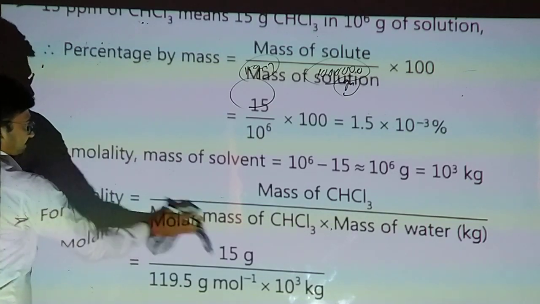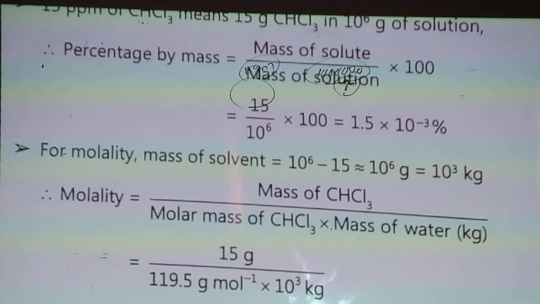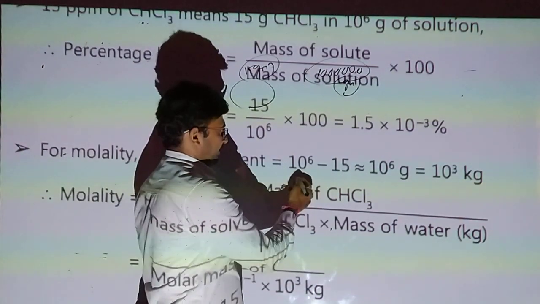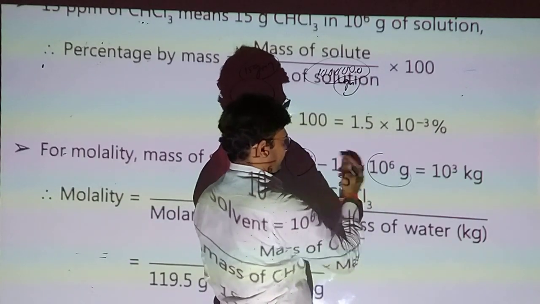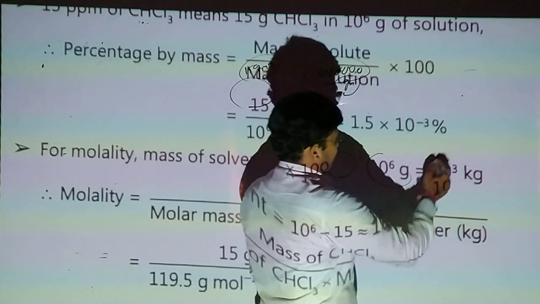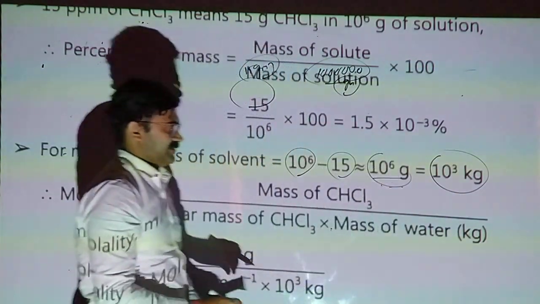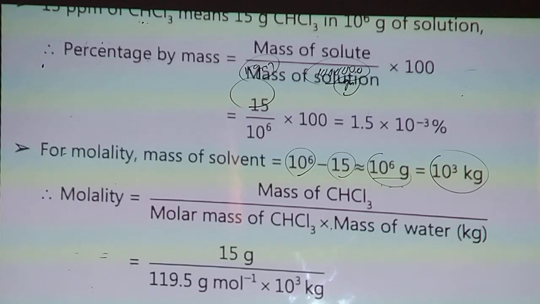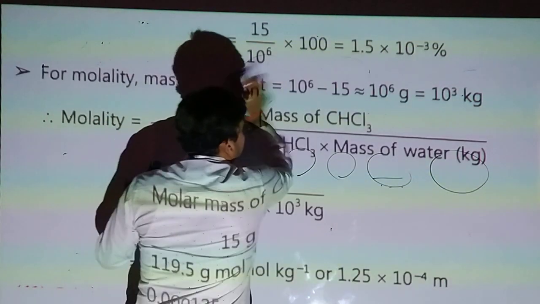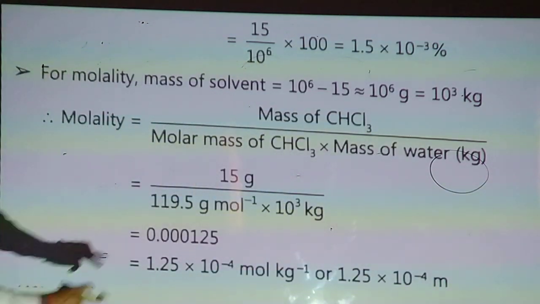For molality, mass of the solvent. So 10 raised to 6 minus 15. So here about 10 raised to 6, 15 is negligible. 10 raised to 6 gram means 10 raised to 3 kilogram. So molality will be mass of chloroform upon molar mass of chloroform.